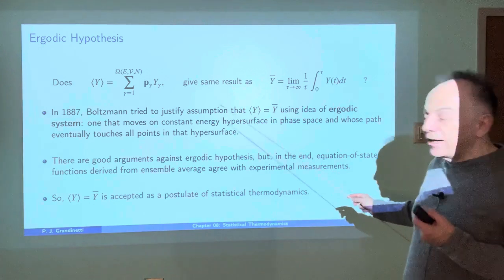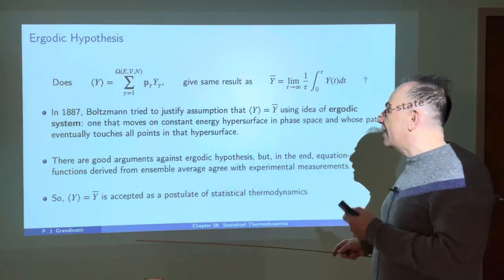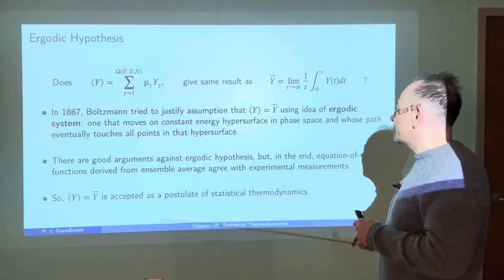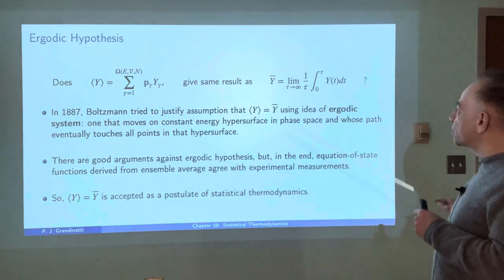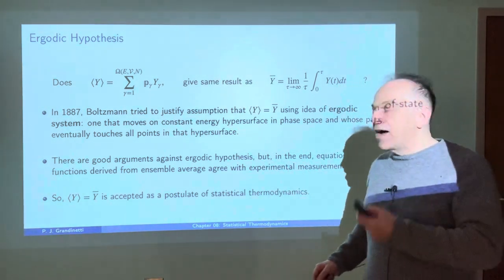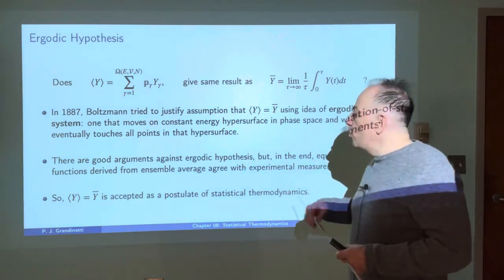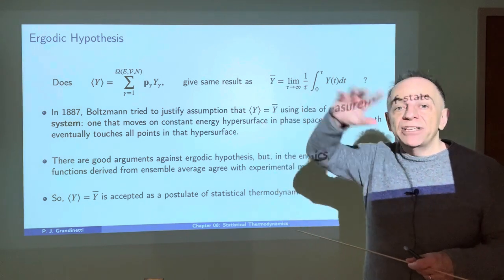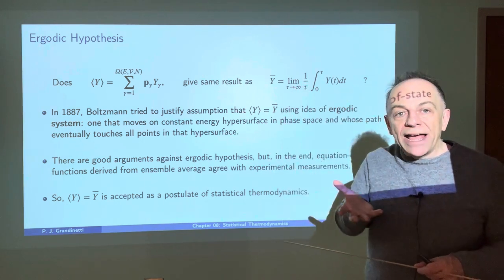This really took a lot of time for Boltzmann to try to justify, and I'm not sure he actually justified it to most people's satisfaction, but he came up with this justification with the idea of what's called an ergodic hypothesis, saying that it was an ergodic system: the system moved in phase space on this hypersurface over time, and it visited every single hypercell or microstate on that surface.